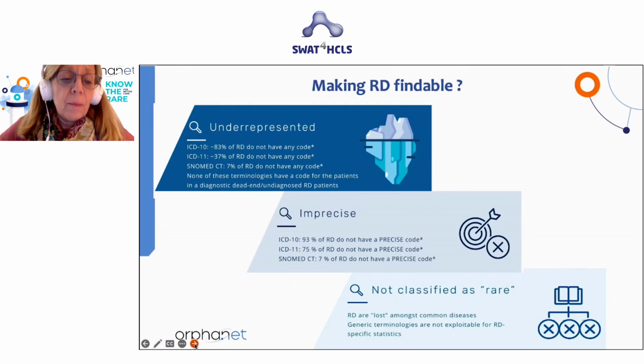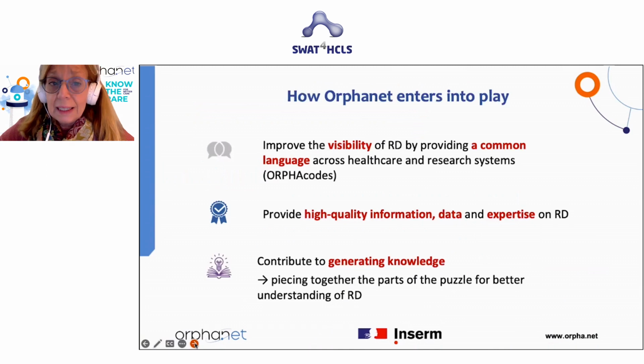So we need a domain terminology that is specific for rare diseases, and we need this domain terminology to be interoperable with other medical terminologies. And that is where Orphanet enters into play. There is a gap in specific terminologies, and this gap is what Orphanet delivers.